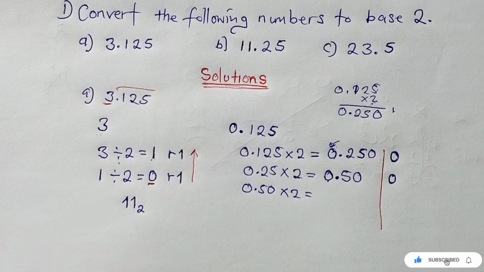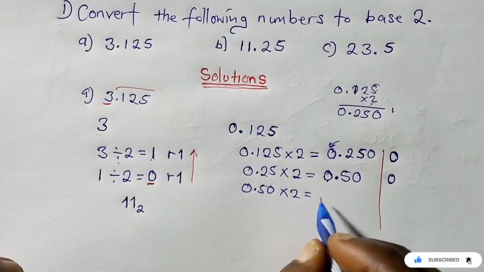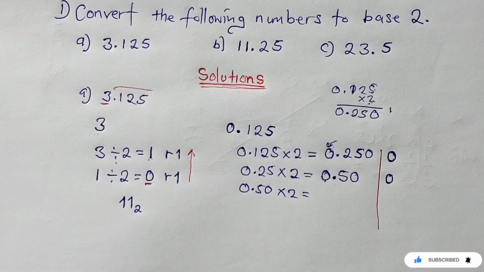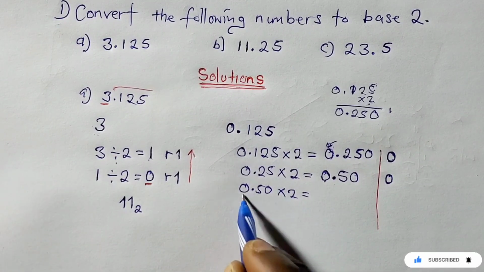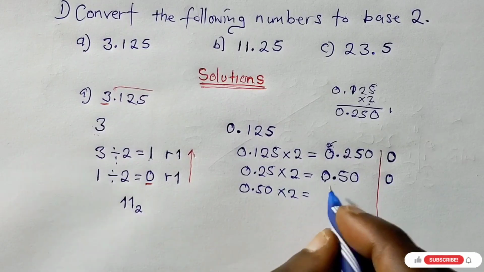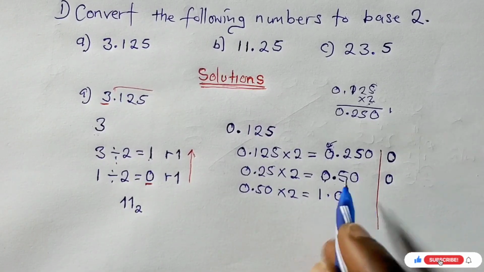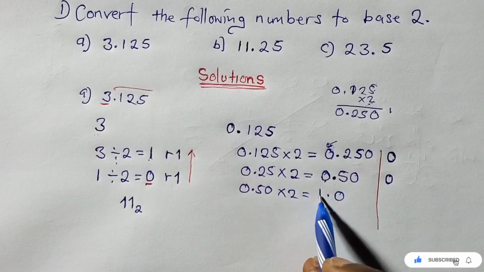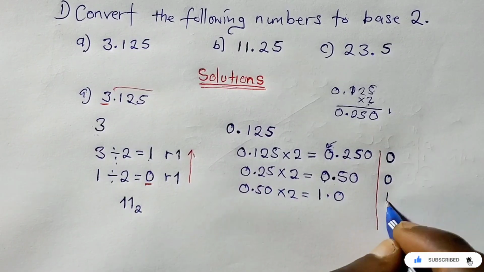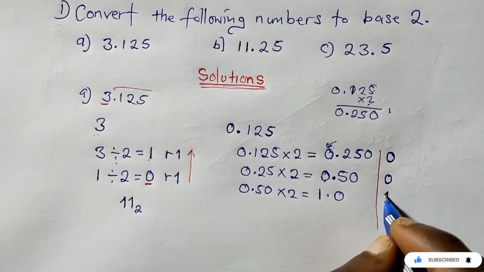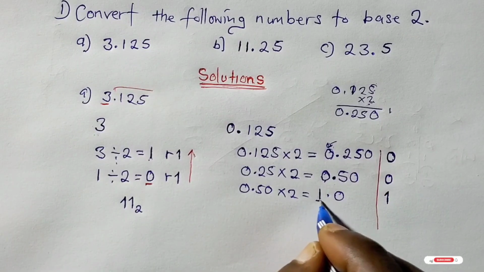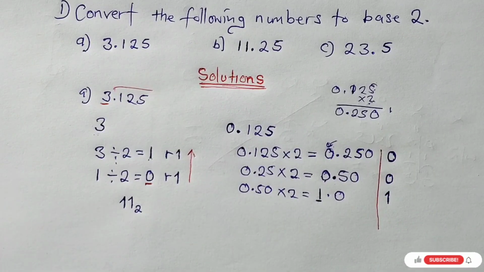Okay. So when you multiply 2 times 0.5, you're going to find 1.0. All right. And you're going to get this whole number here, 1, and write it here. So you stop when the number in front here is 1.